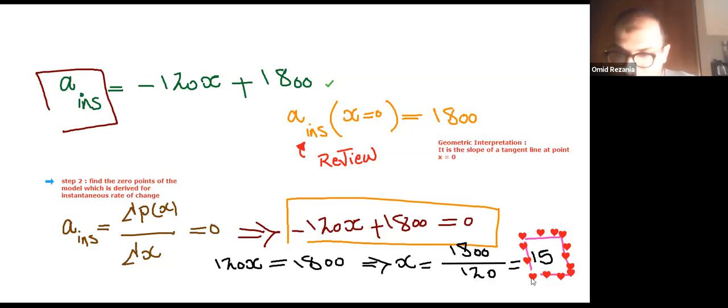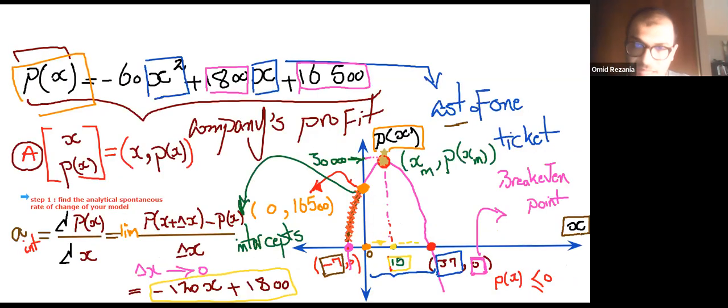Because if I go back to my plot, the point that I was interested in was where the function changed its behavior from making profit to suddenly making loss and losing money. I got it from the plot, from Desmos, and it was 15. You see this 15, which I put a heart next to?